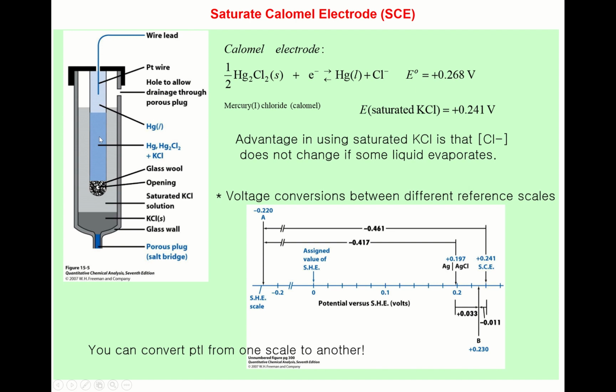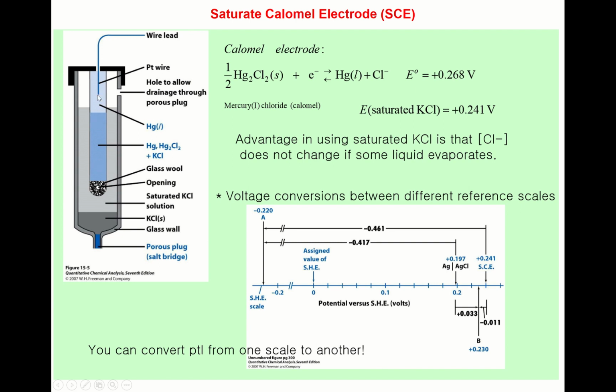Inside this small tube, you put mercury chloride and KCl, a mixture of these three compounds, and on top of that you put liquid mercury. Since it contains liquid mercury, it is not easy to handle, and it is more complicated to make than the silver chloride electrode.